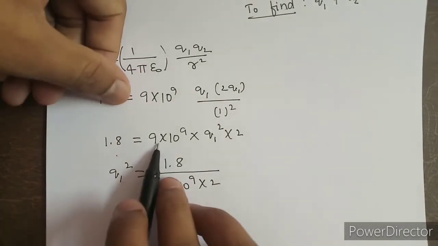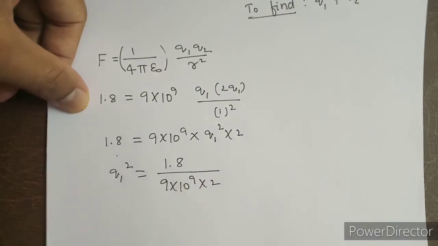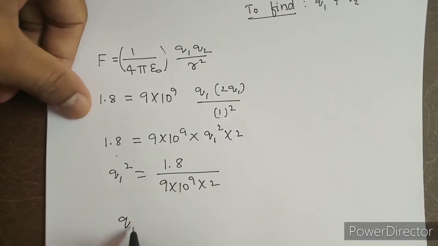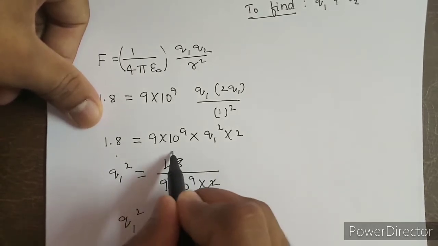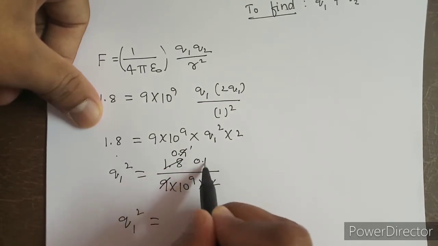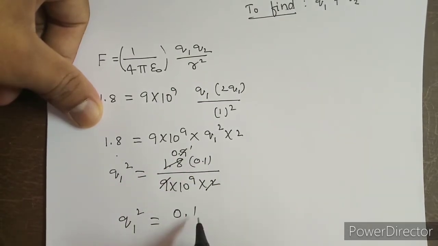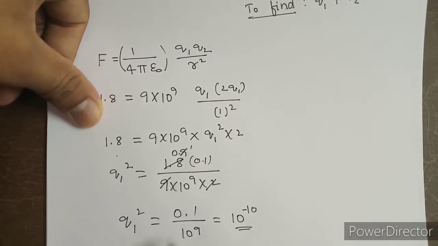Okay, so if you bring 9 into 10 to the power 9 here to the denominator and 2 to the denominator, we will get this Q1 square. So Q1 square is equal to 2 9s are 18, so this will be 0.9, and 9 1s are 9, so you will get 0.1 here. Okay, that means 0.1 divided by 10 to the power 9, so that is equal to 10 to the power minus 10. Okay, so Q1 we want, so that means square will come to the right hand side.